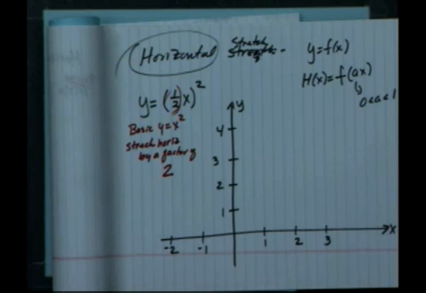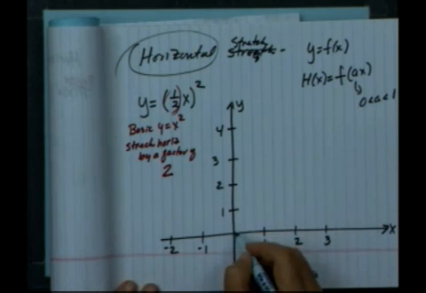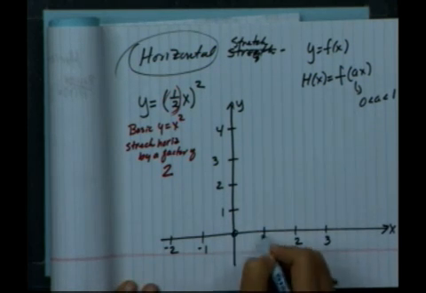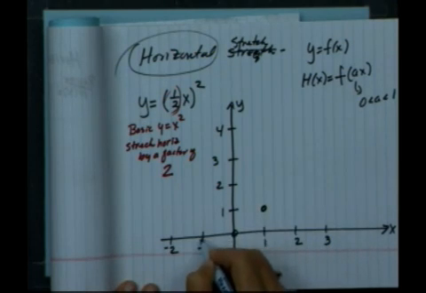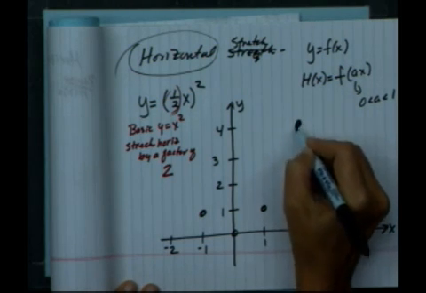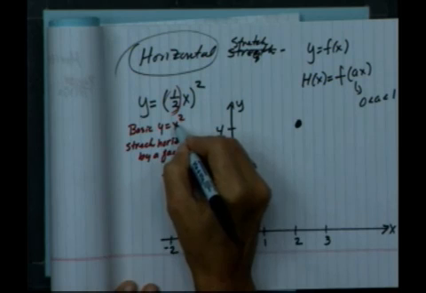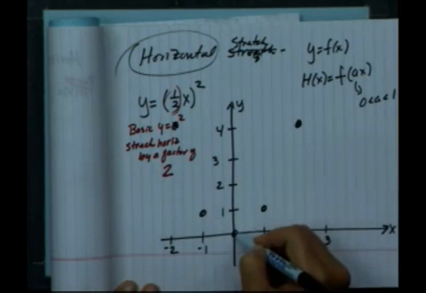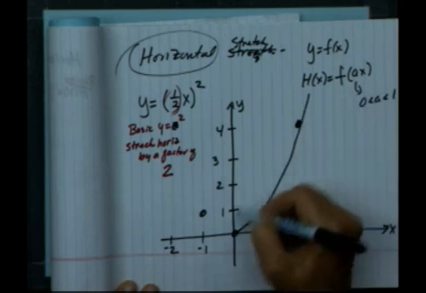We're going to leave our y's alone. So good old y equals x squared is 0, 0, 1, 1, -1, 1, and let's put in a 2, 4, and a -2, 4. So here is y equals x squared.